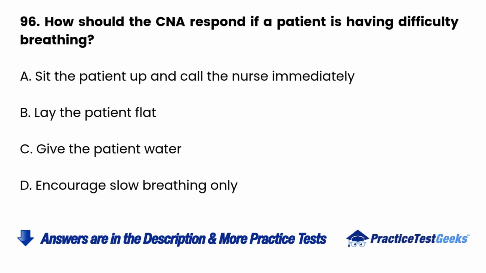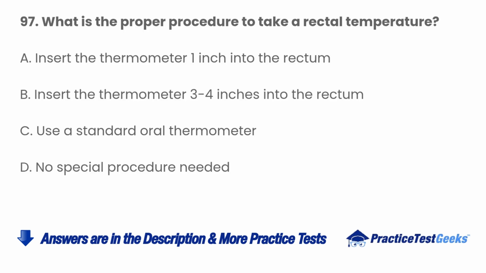96. How should the CNA respond if a patient is having difficulty breathing? A. Sit the patient up and call the nurse immediately. B. Lay the patient flat. C. Give the patient water. D. Encourage slow breathing only. 97.